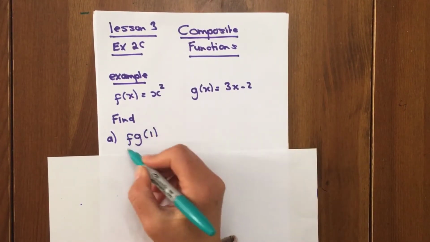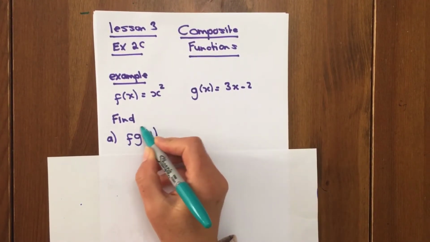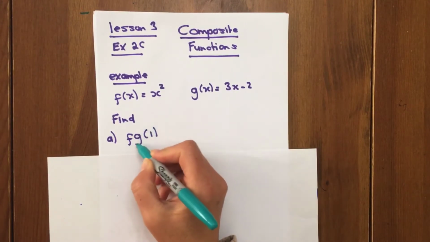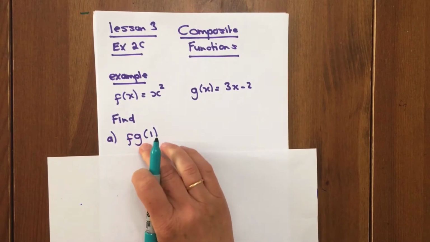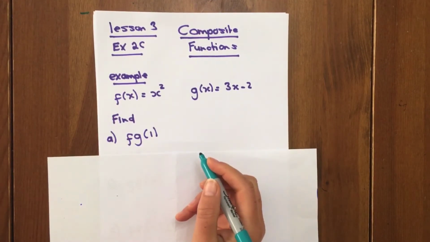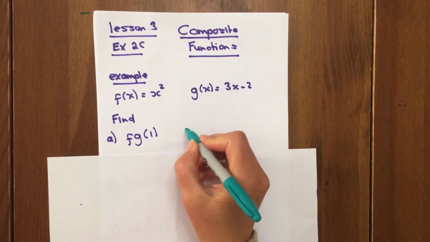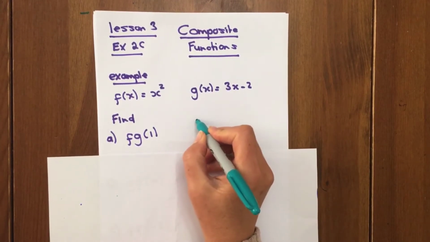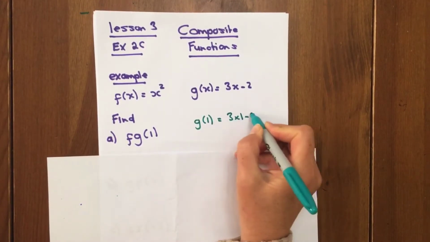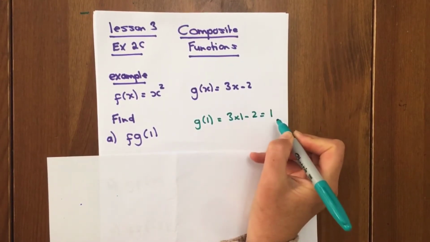Now, when you're doing a composite function, you work out the inner first. So you're going to work out what g of 1 is, get that answer and put it into your solution for f. So g of 1 is 3 times 1 take away 2, which is 1.